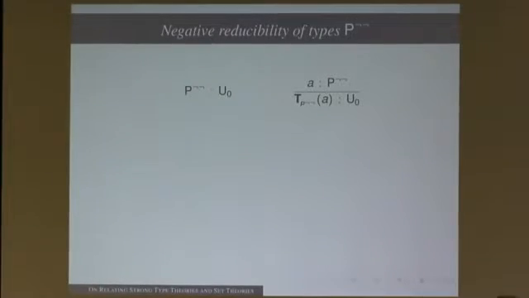Then there's a version that is closer to the original prop that I showed you on the first page, where you have this closure under these dependent types. This is kind of a negative version. So here, another candidate for reducibility of types, P double negation, lives in the first universe, and also everything in it decodes to a type living in the first universe. And then whenever you have an arbitrary type A, there is a code in P double negation.